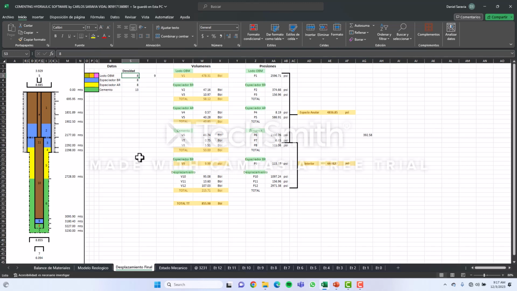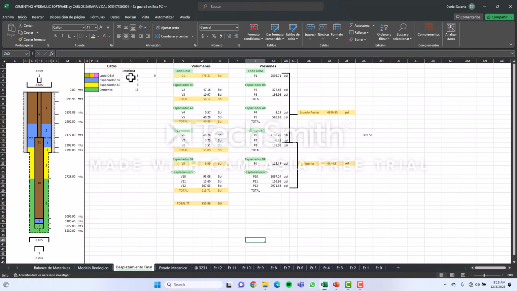Remember that for cementing hydraulics, the ECD calculations, we need to use the Reynolds numbers. And we have three types of flow designs: turbulent, plug, and laminar. So here is all the calculation.